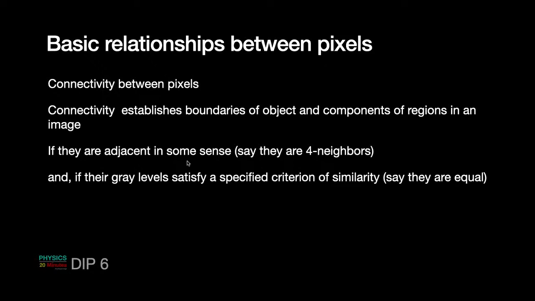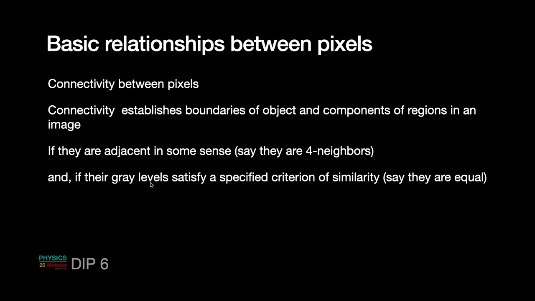Now that sense needs to be defined on a case-to-case basis. For example, there can be four neighbors, there can be diagonal neighbors, there can be 8 neighbors. So depending on whatever is the case, you can define the adjacent pixels, and they should also be related to each other by some gray levels.